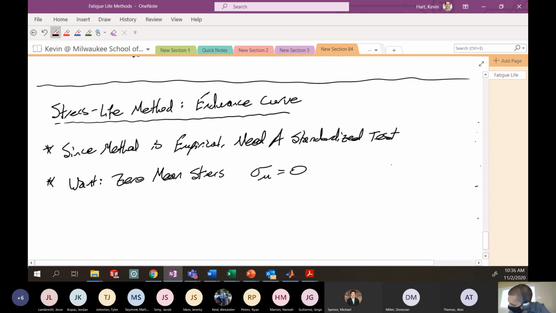If you're thinking about your sinusoid, that is centered around 0. This is 0 mean stress. The average stress from your sinusoid is 0.